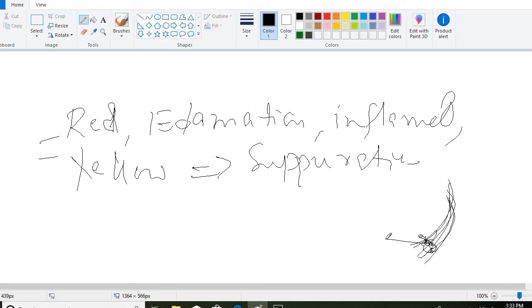There is involvement of eyelashes in a more severe form of blepharitis. In severe cases, eyelashes may be matted together and form yellow crust. So these are the signs of blepharitis.